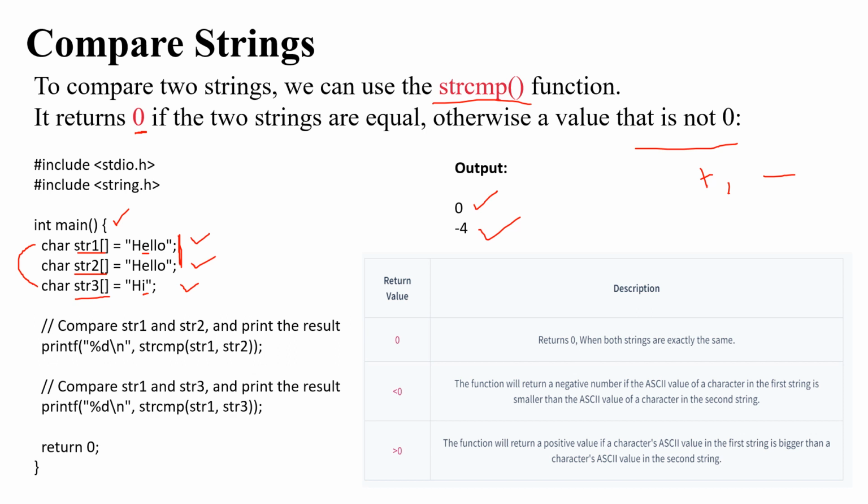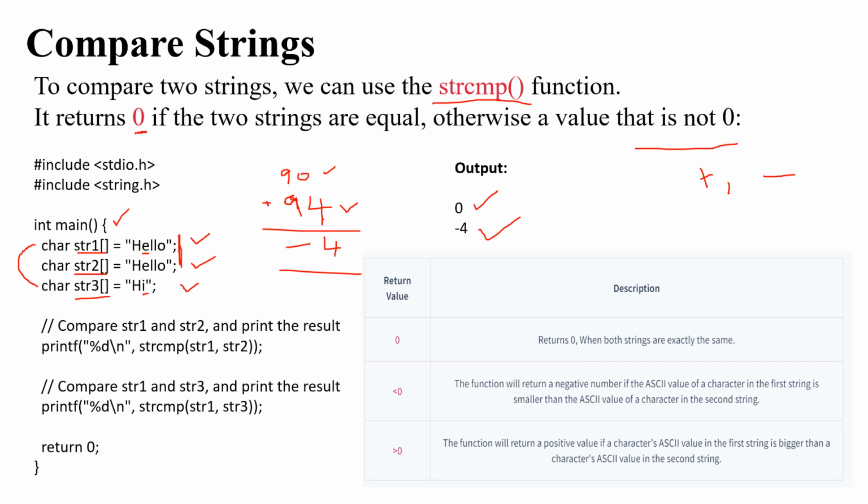Okay, for example, if the ASCII value of lowercase e is 90 and ASCII value of lowercase i is 94, so ASCII value of e is 90, ASCII value of i is 94. What is the difference? It is -4. So that is why -4 is written here. So why -4 we are obtaining?